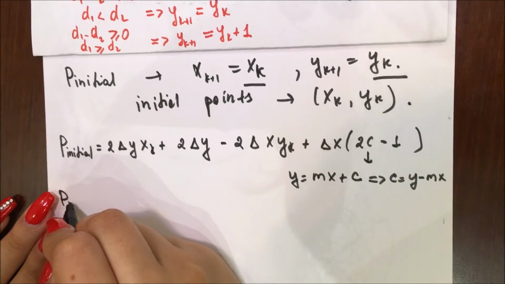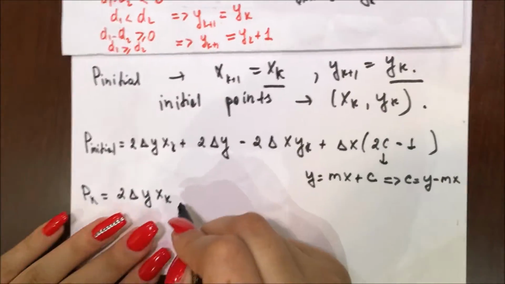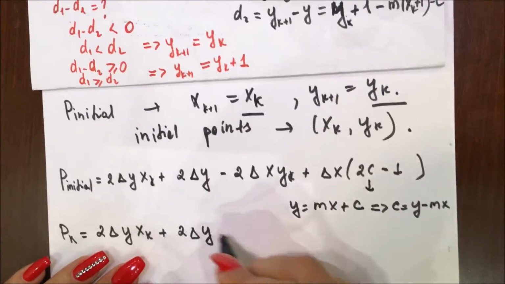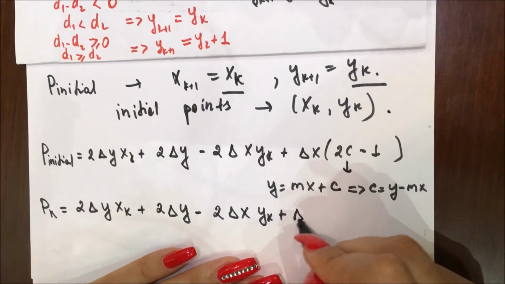Now let's continue our calculation. For pk, we are going to get this equation.